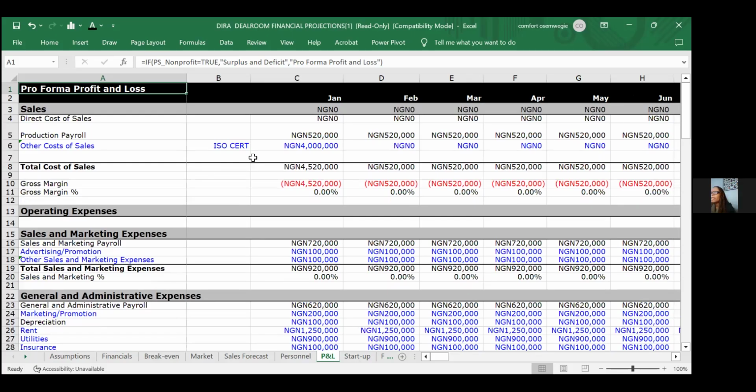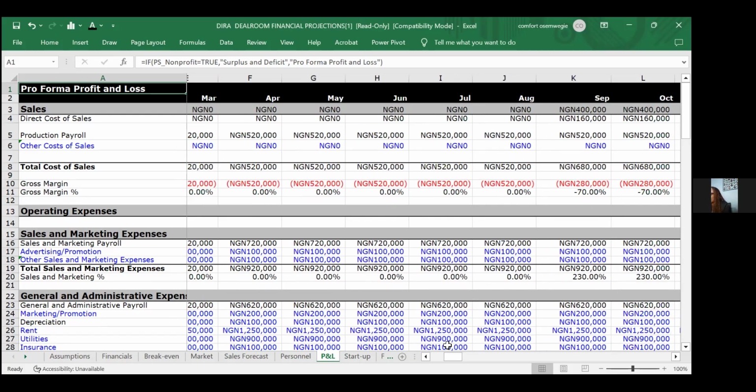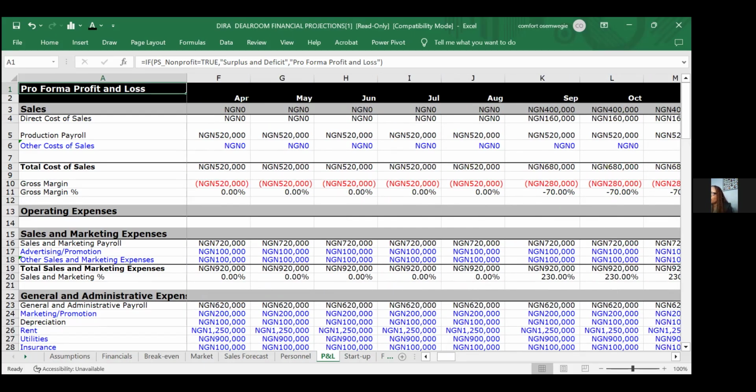So you see that excluding your payroll, your direct sales will be 0 because we're not making money yet, but it's now not 0 from September. You notice why? Because from our sales here, we set it to 0 until September.